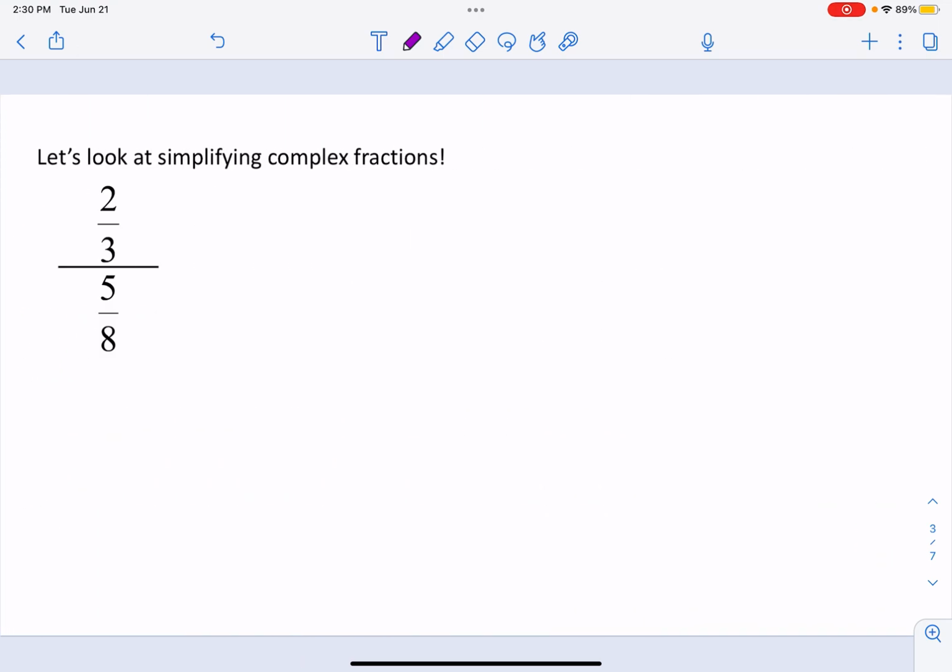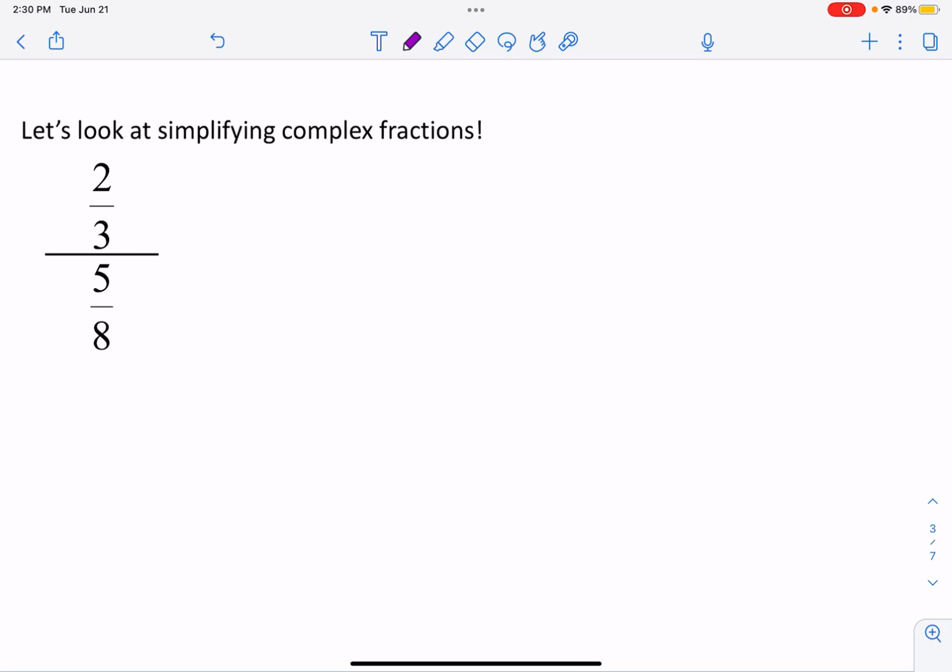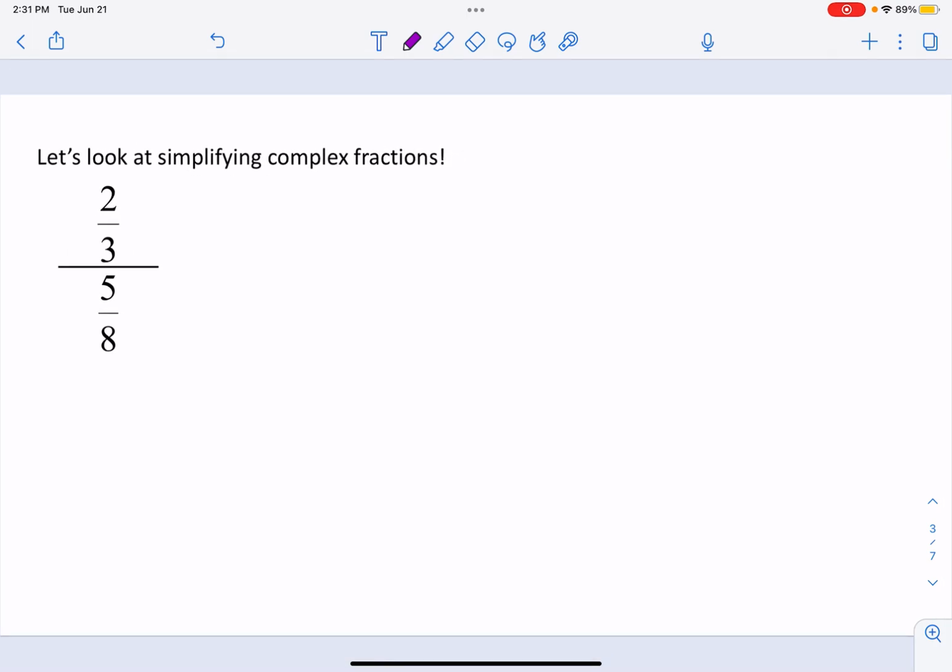Let's look at how we simplify complex fractions. If you remember back to middle school, you have 2/3 divided by 5/8. So that's 2/3 times the reciprocal of the second one, 8 over 5.